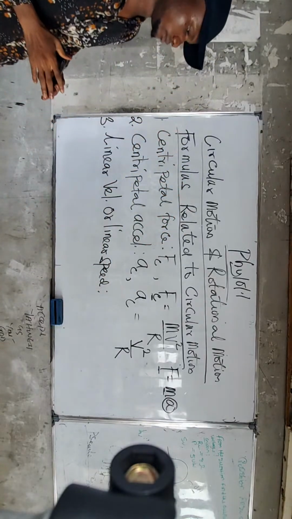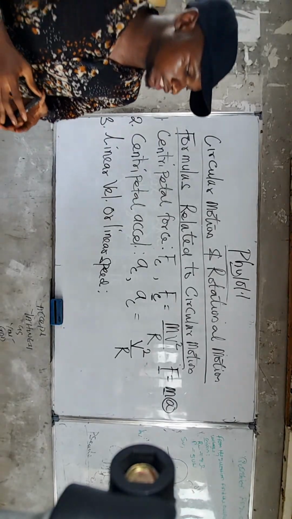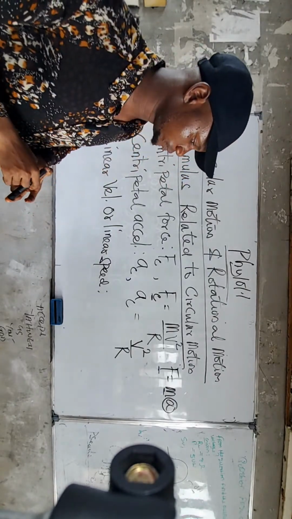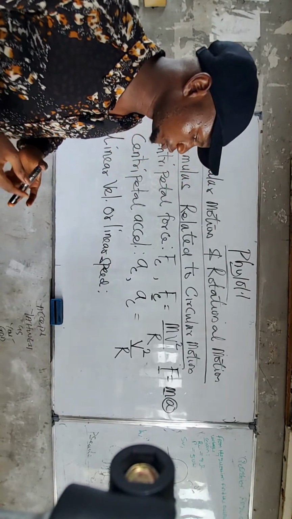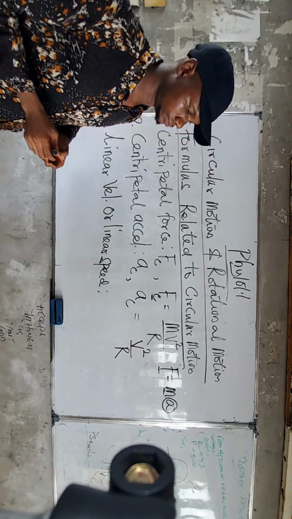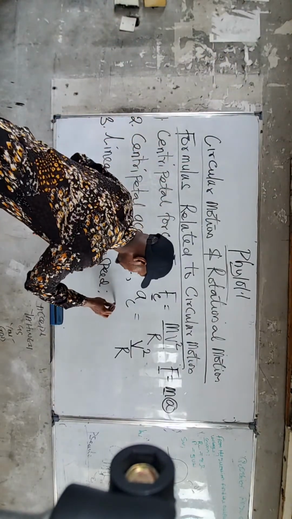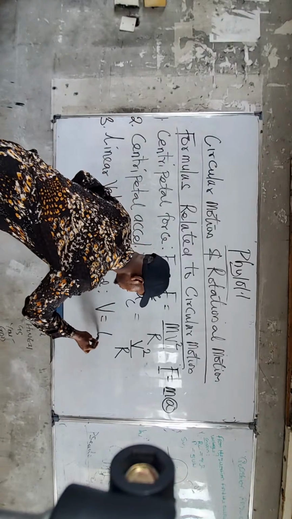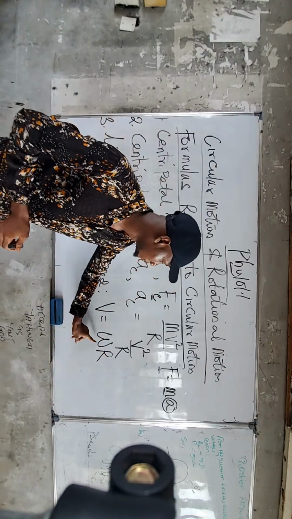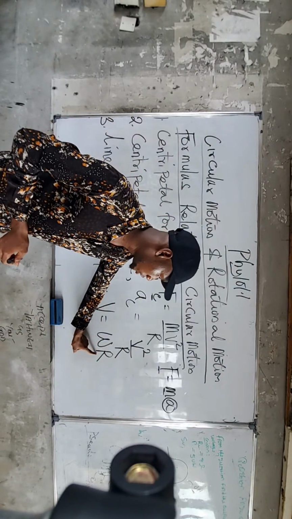Linear speed or velocity can be defined as the product of angular velocity and radius. We use V to represent that, which is equal to W times what? R. That is the product of angular velocity and radius.